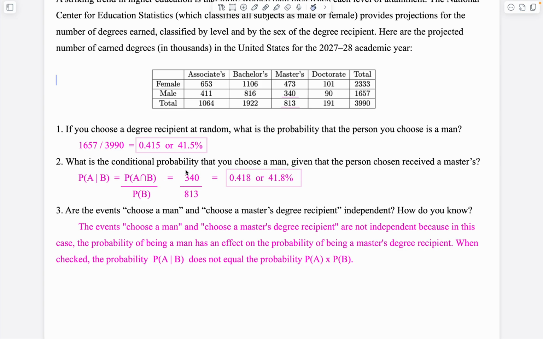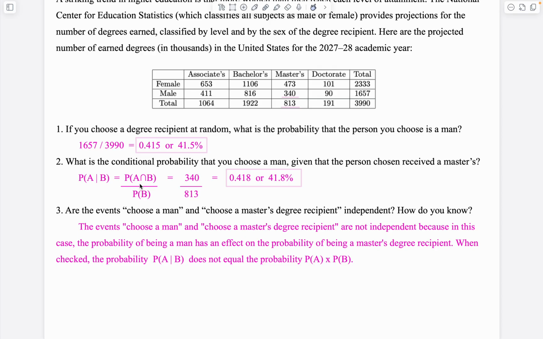Part 2 says, what is the conditional probability that you choose a man given that the person chosen received a master's degree? So, to find the probability of A given B, you have to find the probability of A and B and divide that by the total probability of B. So doing so, my probability of A is going to be finding a male.